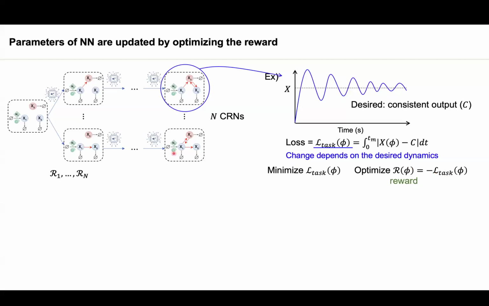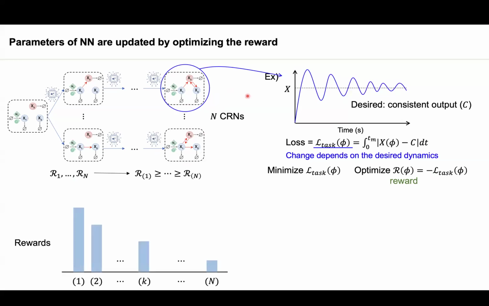Because we have n multiple CRNs, we have n different values of the reward, and if we sort them, we may draw this kind of graph. Then we pick the top k reward values and set the baseline value for this top k.